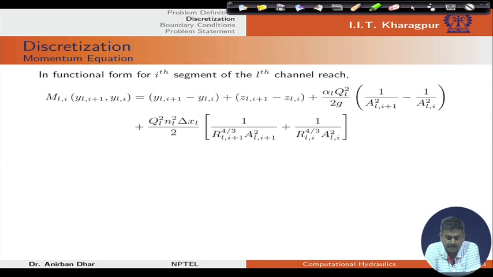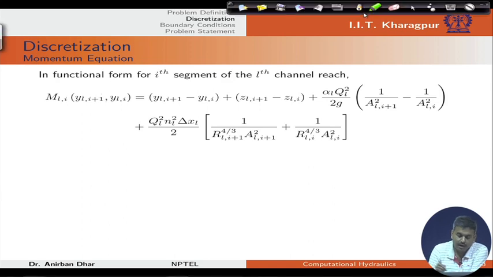In this case, for each of those equations we have 2 unknown variables, one is Y L I plus 1, another one is Y L I. So, for the solution process using Newton-Raphson, we need to find the coefficient matrix, which is the Jacobian matrix.